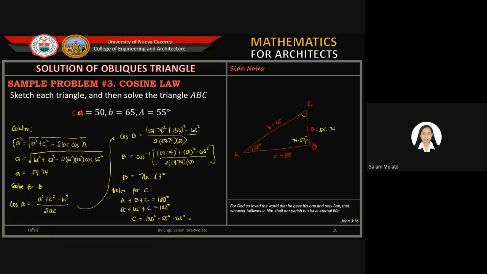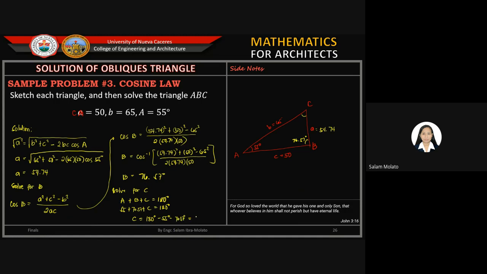Wait a moment, class. B is not 65 degrees, but that's 76.57. So that should be 180 minus 55 minus 76.57. Right?